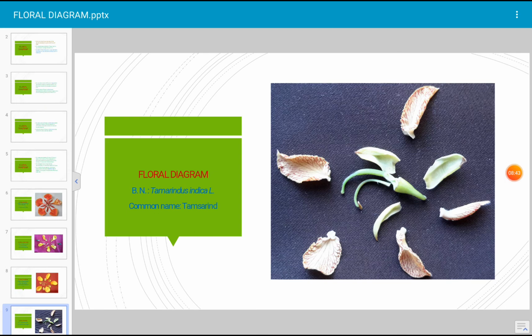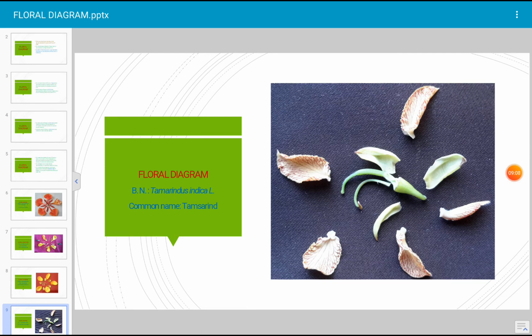Next slide. This is the tamarind plant. This is the floral diagram of tamarind. Again it is incomplete, and its botanical name is Tamarindus indica. In this case only 3 stamens are fertile, but in this flower only 1 stamen was fertile, and all the remaining stamens are in the form of bristles.